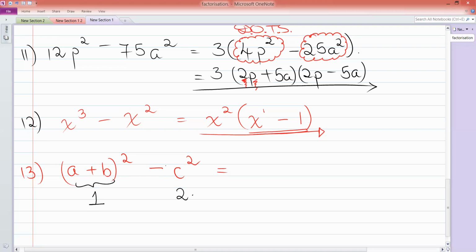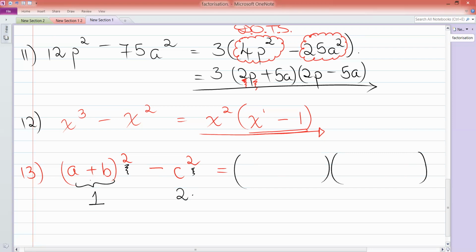So is the first term a perfect square? Yes, it is. You have an even power. Second term, is it a perfect square? Yes, it's a perfect square. So you would be able to factorize it using the difference of 2 squares method.